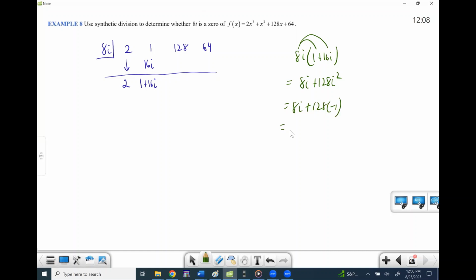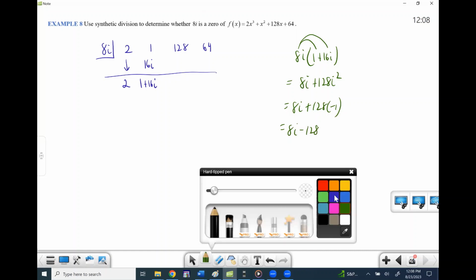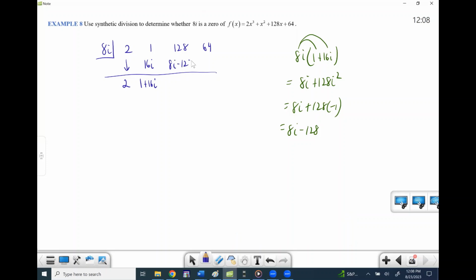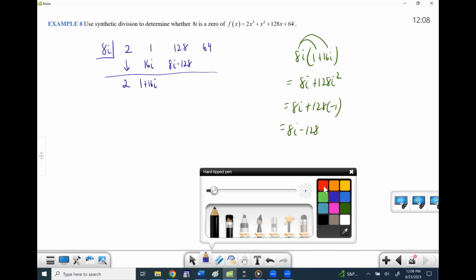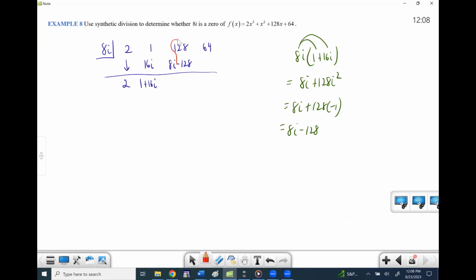And so this is going to be 8i minus 128. You can leave it like that. I mean, in the past, we've rearranged it, but we don't have to rearrange it in this context because we're just going to add downward. And what's nice when you add downward is these will cancel out, right? So we're just going to have the 8i remaining.